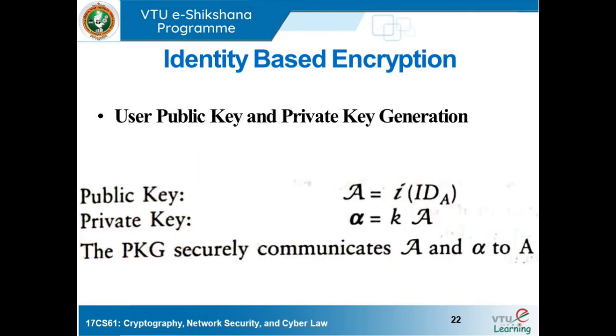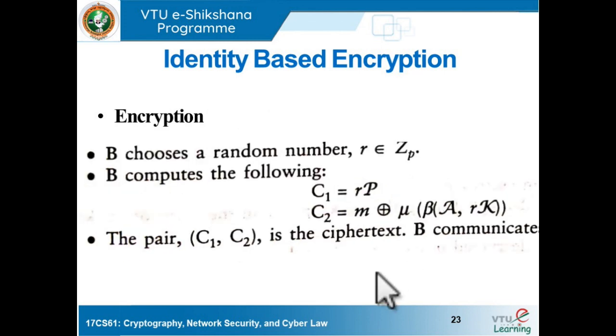Now having understood the first and the second step, we will see how encryption is actually performed. Suppose that Bob wishes to send a message to the client Alice. What does Bob do? Bob has to request the public parameters from the public key generator, if he does not have them.